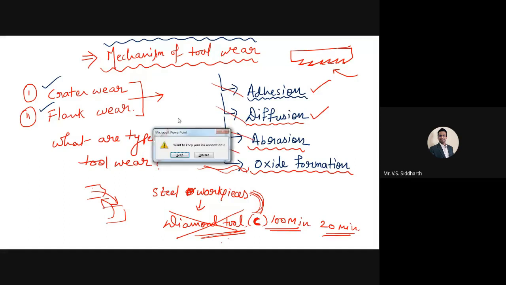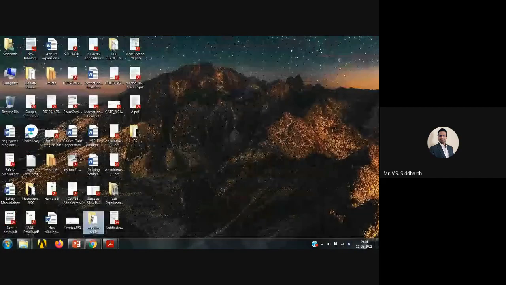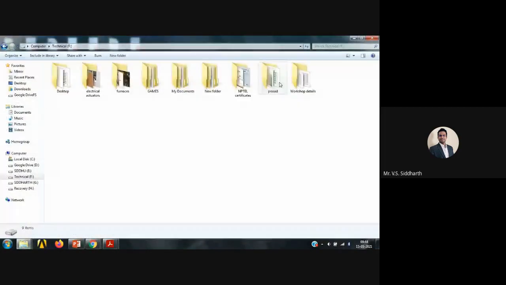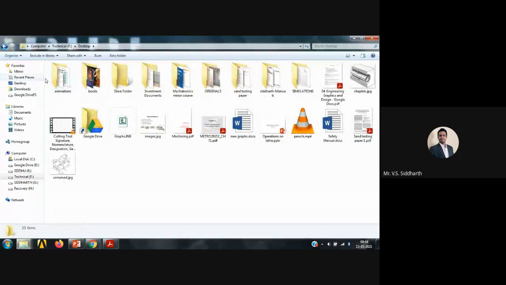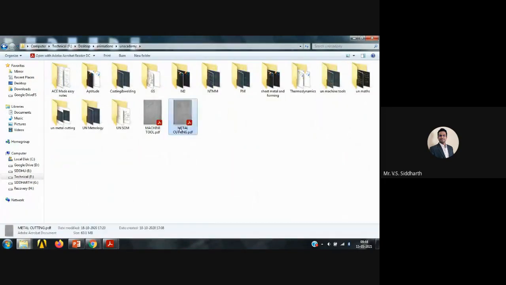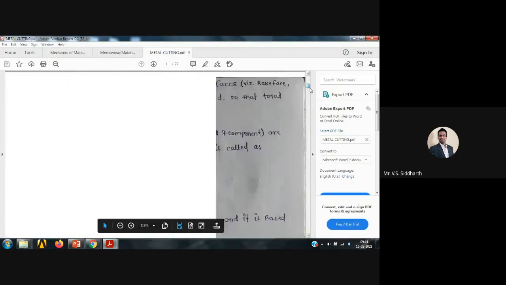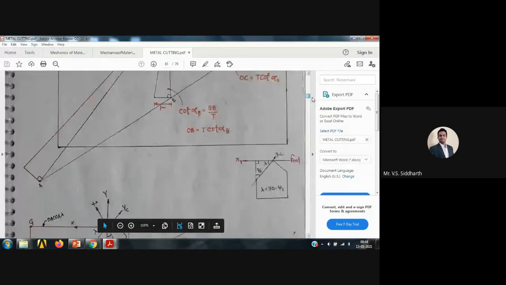And if I want to show you the same mechanisms in your notes, it is explained in a beautiful way. Most of you are saying you want handwritten notes. These are handwritten notes only, no?